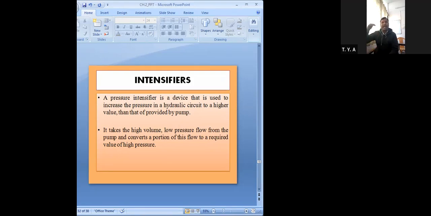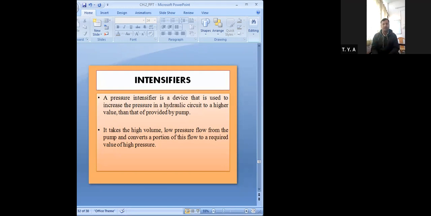If the pressure required at the actuator is 80, that means we have 50 pressure provided by the pump but the requirement is 80. To increase the pressure of the fluid from 50 to 80, in the hydraulic circuit we have to install or insert one element, one component or one device. That device is called a pressure intensifier or pressure booster.